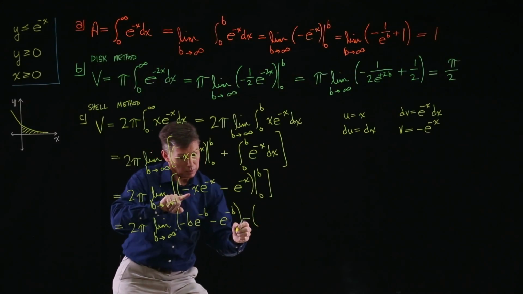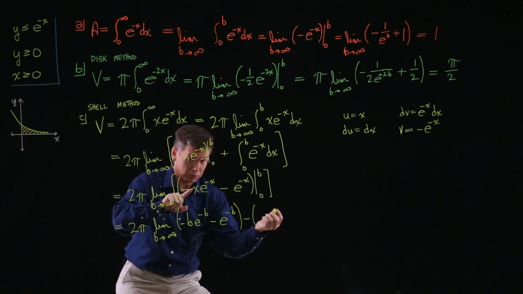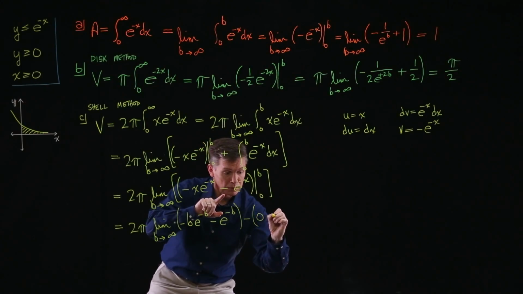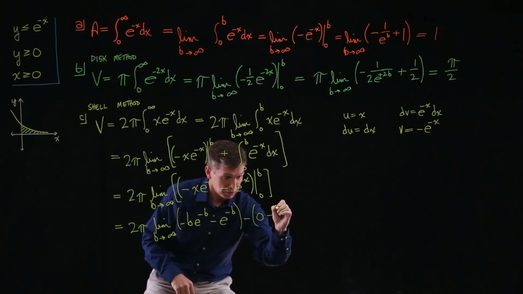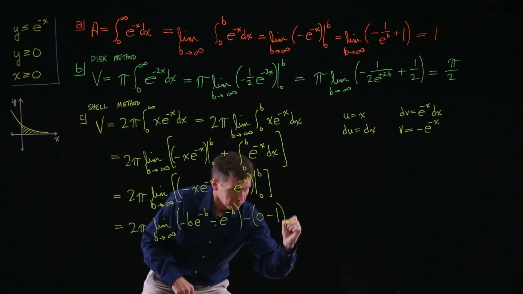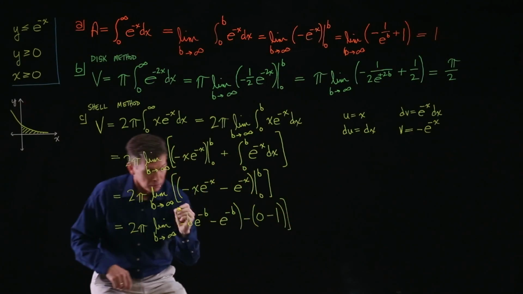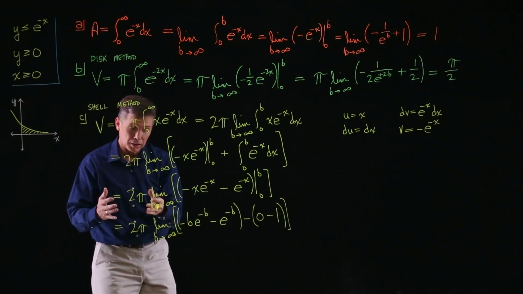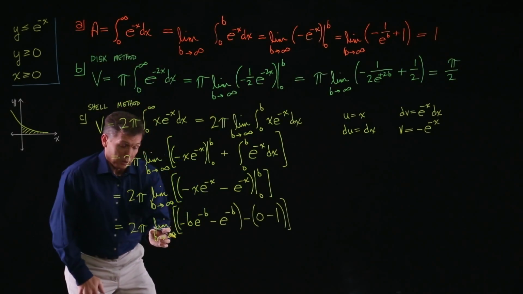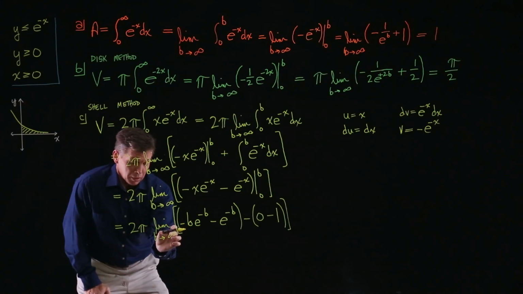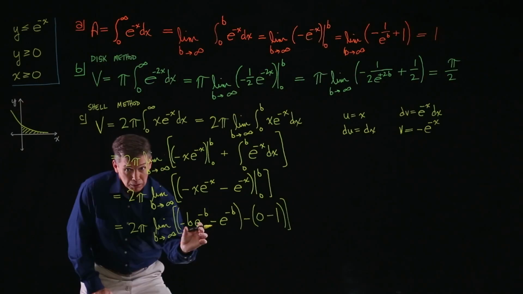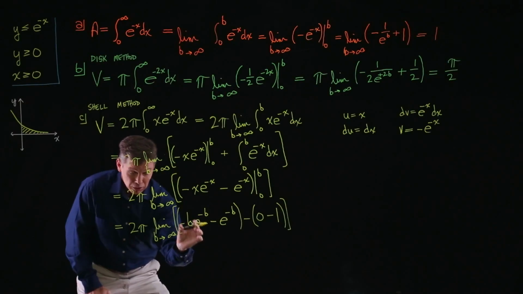This 0 would just make that term 0, and then minus e to the 0 power is 1. So we're almost done, but there's still a little bit of a hiccup, because when I go to do this limit right there, the first term is another indeterminate form. Okay, so I've got to address that.